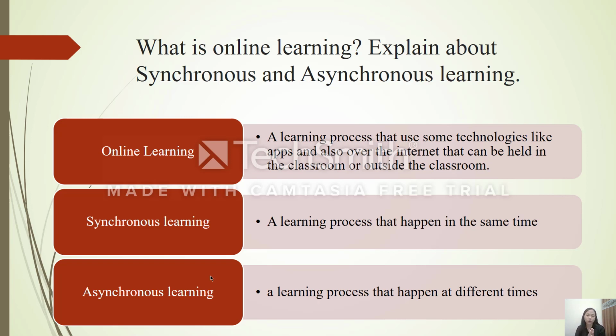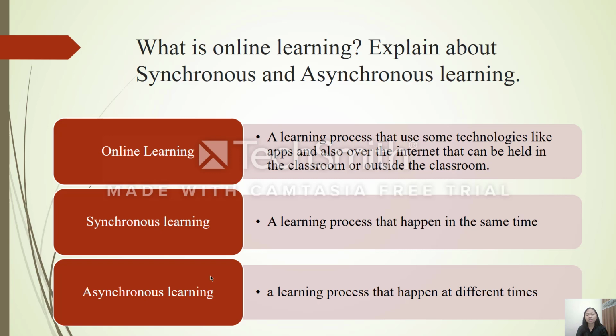So, for example, the teacher from another place, like Toronto, gives the materials by using apps like Schoology, and then she or he uploads the material on the app, and then the learners from another place can respond to that material anytime they want and anywhere they live.